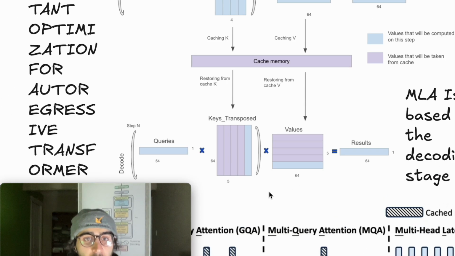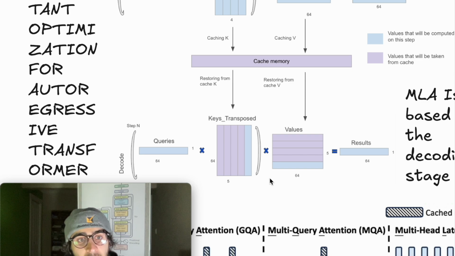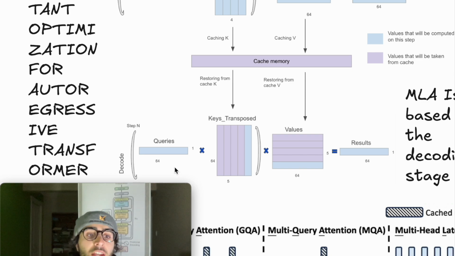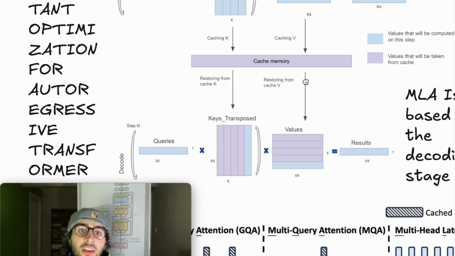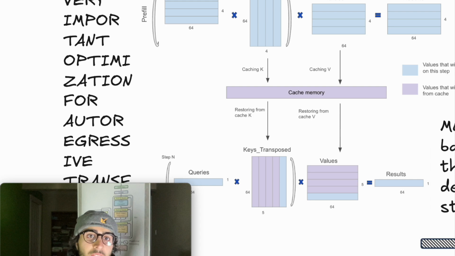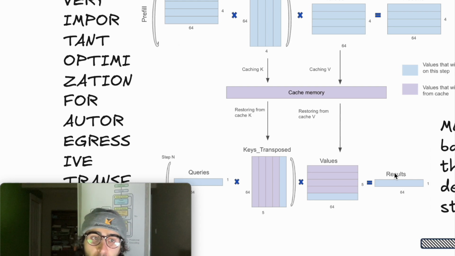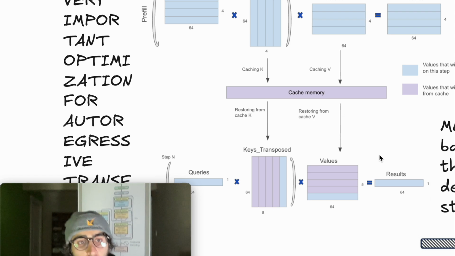Instead, we can cache the previous 4 tokens' keys and the previous 4 tokens' values, and only compute with the newest token's query our context vector, which gives us our next token. So this is called the KV cache, and this is used in decoding in order to save time by not needing to compute unnecessarily the context vectors for the previous tokens, since in next token prediction, it's solely the last token which gives us the context for the next token prediction.